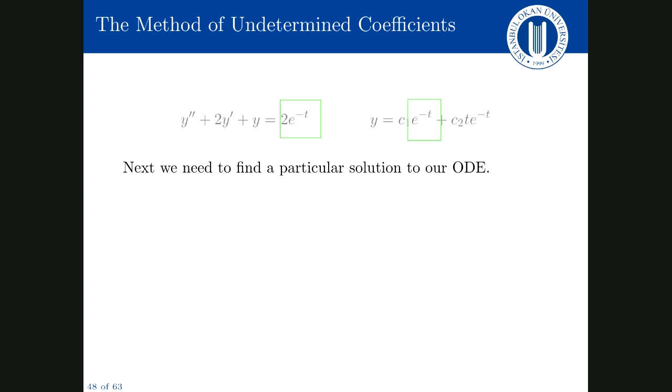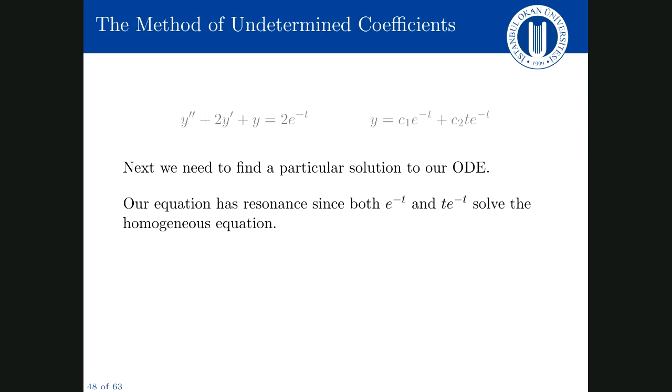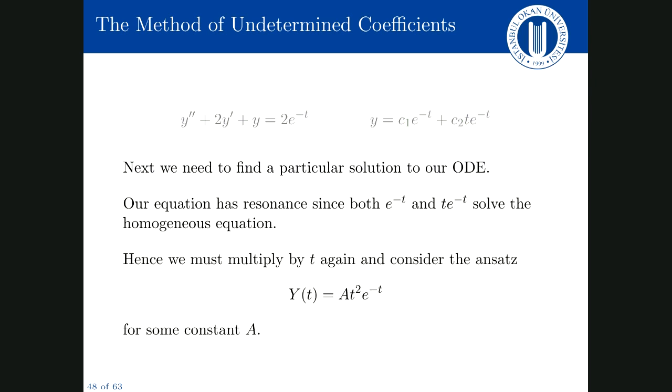So next we think, what if we multiply by t and we guess t e to the minus t? No, we can't use that because we have t e to the minus t in our general solution. For this equation, we need to guess t squared e to the power minus t, and then multiply by some constant a.